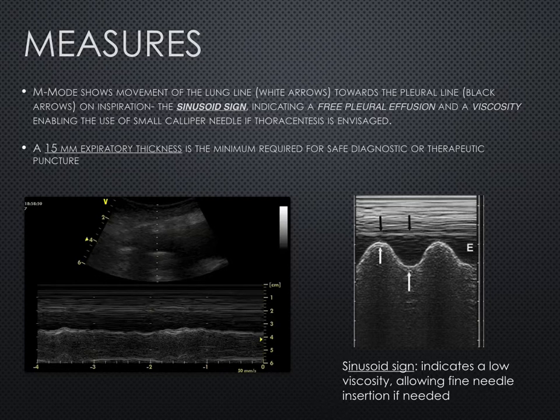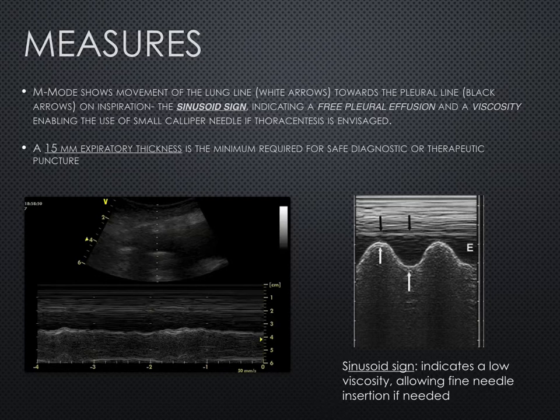So by visualizing the pleural line between the rib spaces, we can drop a simple M-mode through that pleural line, and we can look at the movement pattern that is developed from that M-mode.